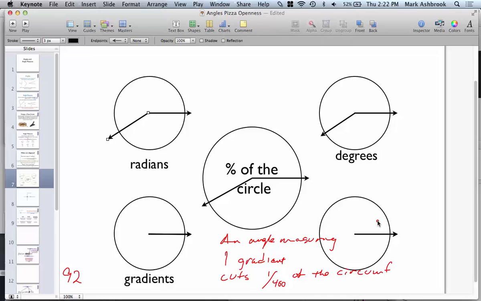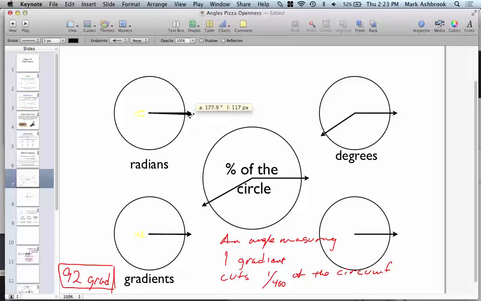And then find, so 92 grad is the nickname for gradients. So first, estimate the openness. Estimate where that terminal side is going to fall, and then find the equivalent number of radians and degrees for 92 gradients. Okay? So given 92 gradients, find the equivalent number of degrees and radians. Go, work together if you need to.